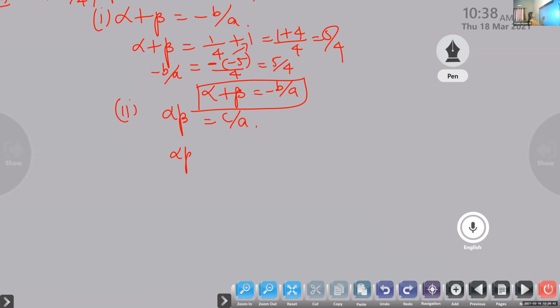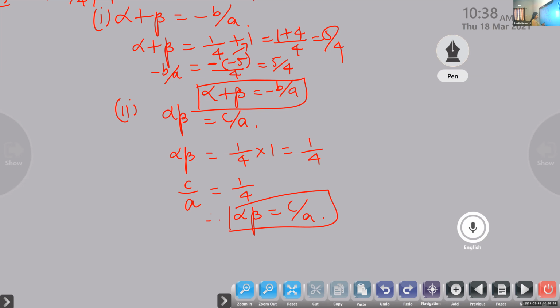So what is alpha beta? 1 by 4 into 1, which is 1 by 4. Find out the other side, c by a. So that is also 1 by 4. Therefore we get alpha beta is equal to c by a. Hence verified. Hence, we have proved that alpha plus beta is equal to minus b by a, and alpha beta is c by a.